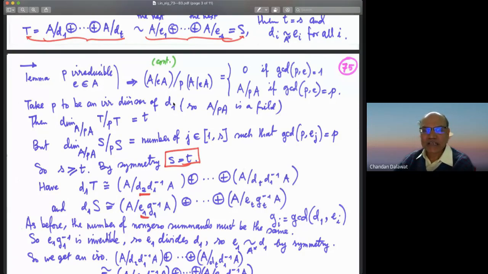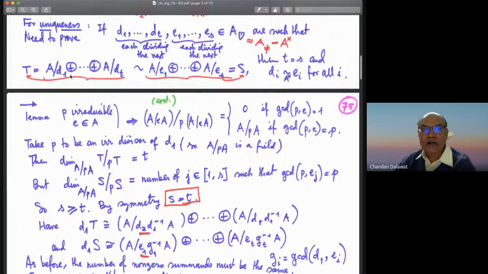We have proved that every such thing has an irreducible divisor. Take some such divisor P. So A modulo PA is going to be a field, because in a principal ring, an irreducible element generates a maximal ideal. So what is the dimension of T modulo PT over the field A modulo PA? It's equal to t, the number of summands here.